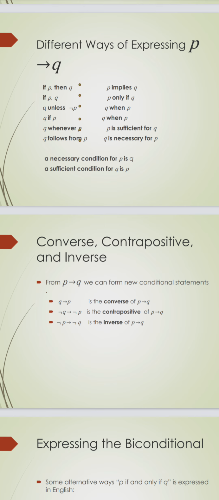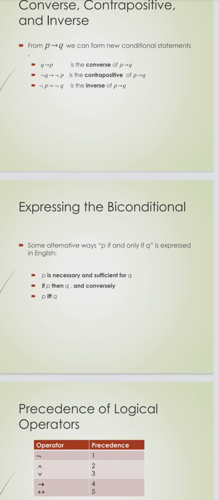Then Q implies P is called the converse of P implies Q. Then the other definition is the contrapositive: negation Q implies negation P is the contrapositive of P implies Q. Then the next definition, the inverse: negation P implies negation Q is the inverse of P implies Q.